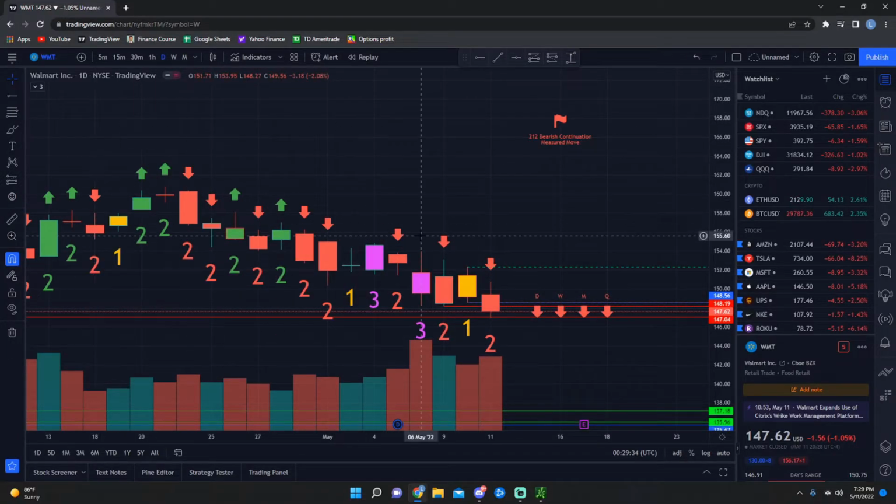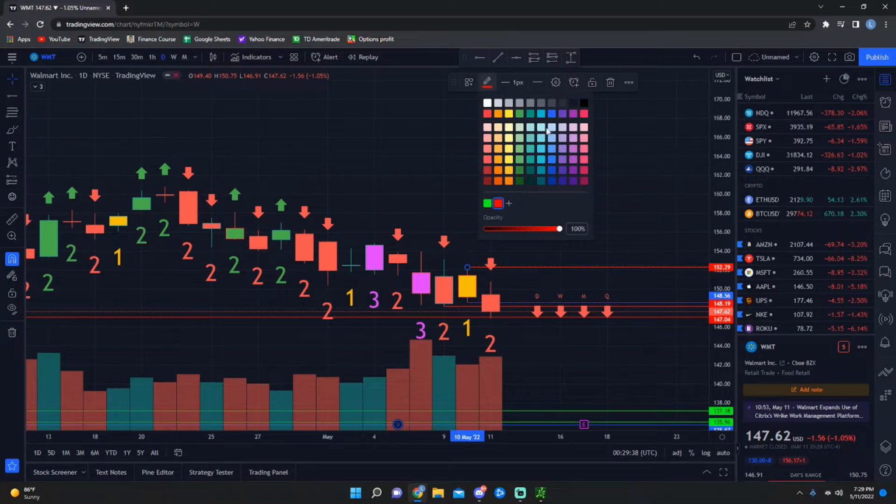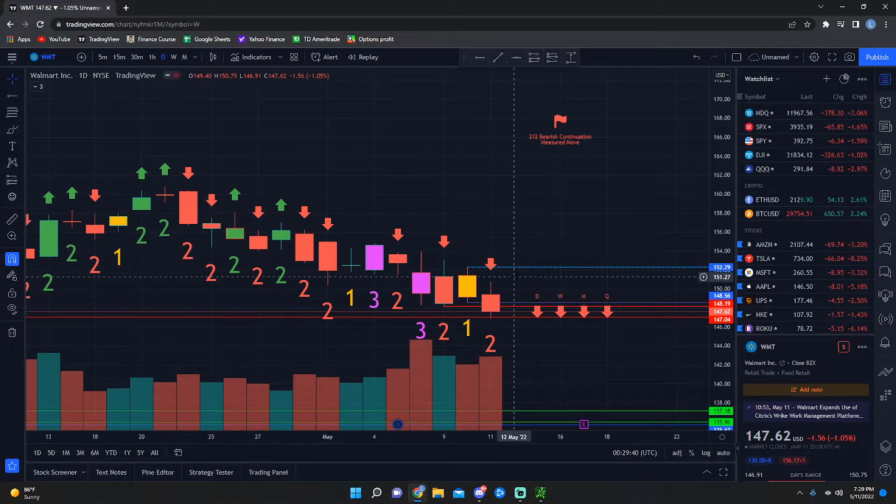I will never even think about trading up on this. Even though you could, it's just riskier. I wouldn't even bother wasting my time trading the break of this 152 and going for this target here, because it's red on every other time frame. I would just follow the trend.